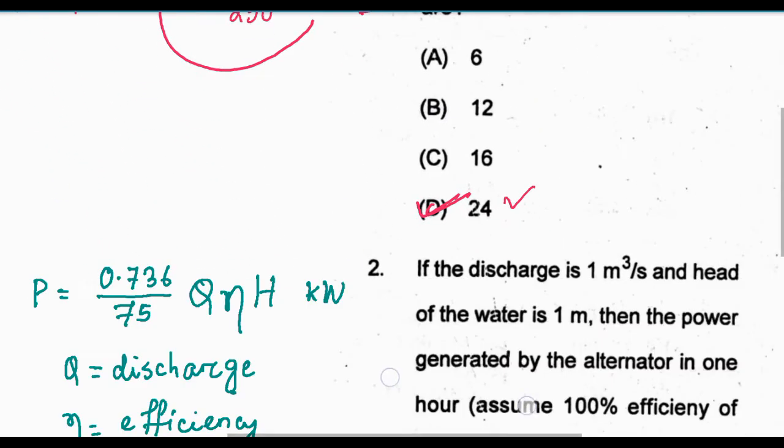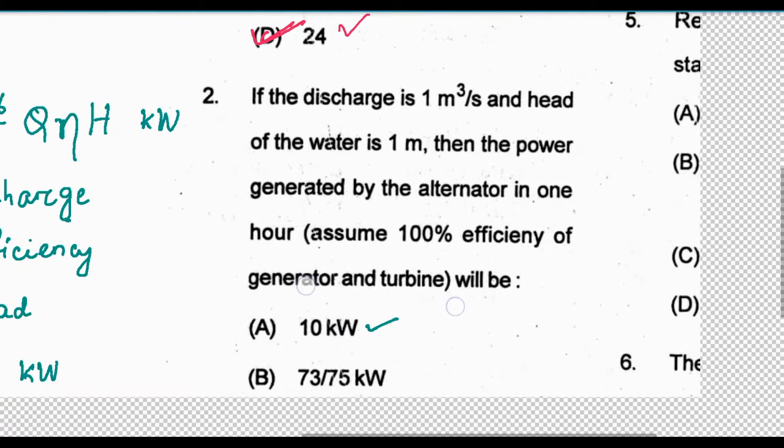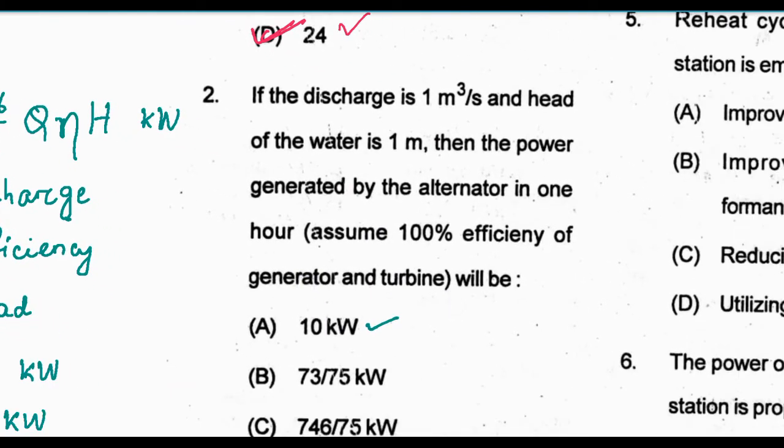Next question: if the discharge is 1 meter cube per second and head of the water is 1 meter, then power generated by the alternator in 1 hour, assuming 100% efficiency of the generator and turbine, will be. So here we have to find out the power generated by this hydroelectric plant having this discharge rate and head of 1 meter, and efficiency is 100%.